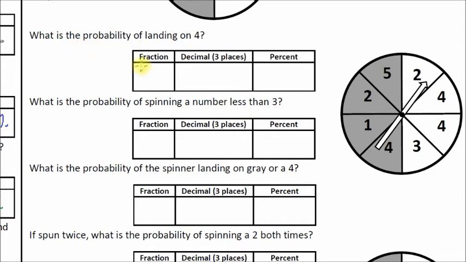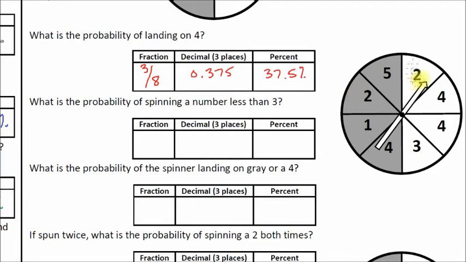That means 3 things make us happy out of a total of 8 spaces. And if we divide that out, 3 divided by 8 is 0.375, which is 37.5%.